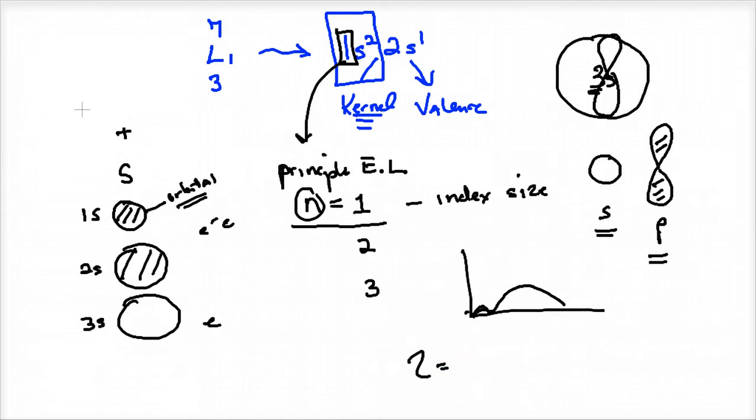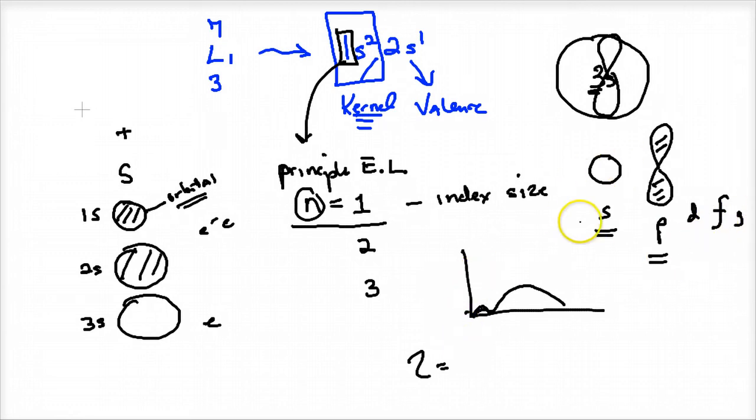This number defines s. The n defined the one here. This L number defines these shapes, s, p, and we have a d, we have an f, and we have g's, and it continues on theoretically.